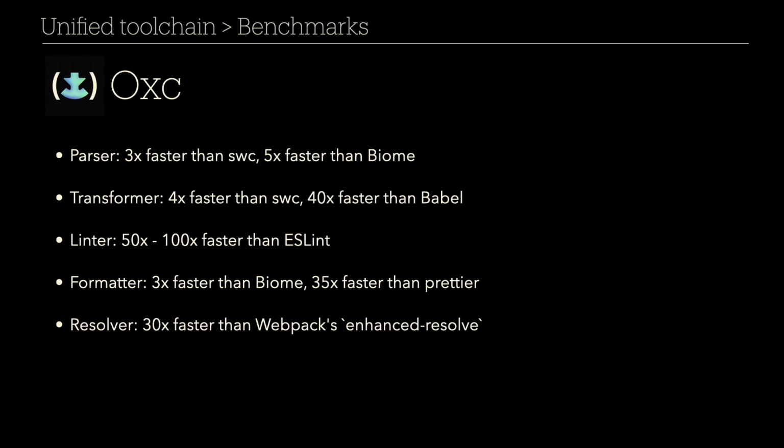The parser is 3 times faster than SWC, 5 times faster than Biome. The transformer is 4 times faster than SWC, 40 times faster than Babel, which is written in JavaScript, so it's consistent. The linter is 50 to 100 times faster than ESLint for the same reason, ESLint being JavaScript-based. The formatter is 3 times faster than Biome, 30 times faster than Prettier, again JavaScript-based. And the resolver is 30 times faster than Webpack's enhanced resolve. That's just to give you an idea of how performant these tools are.